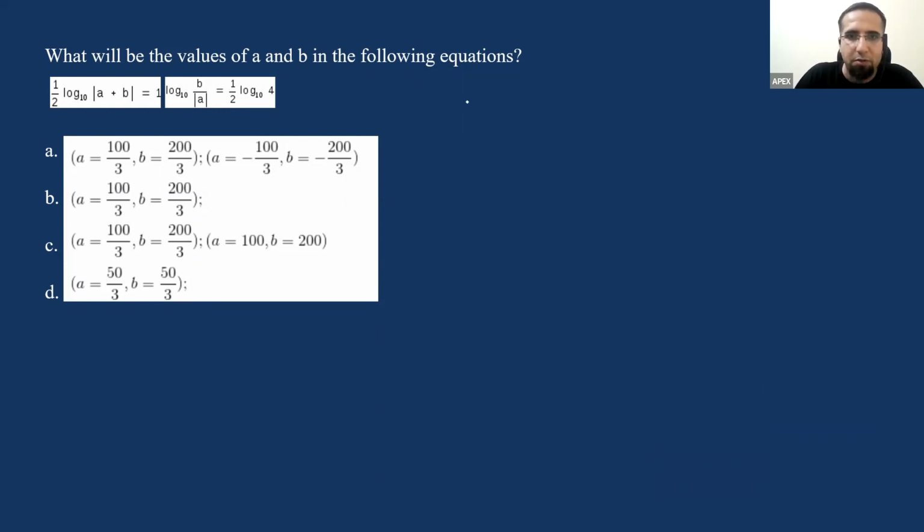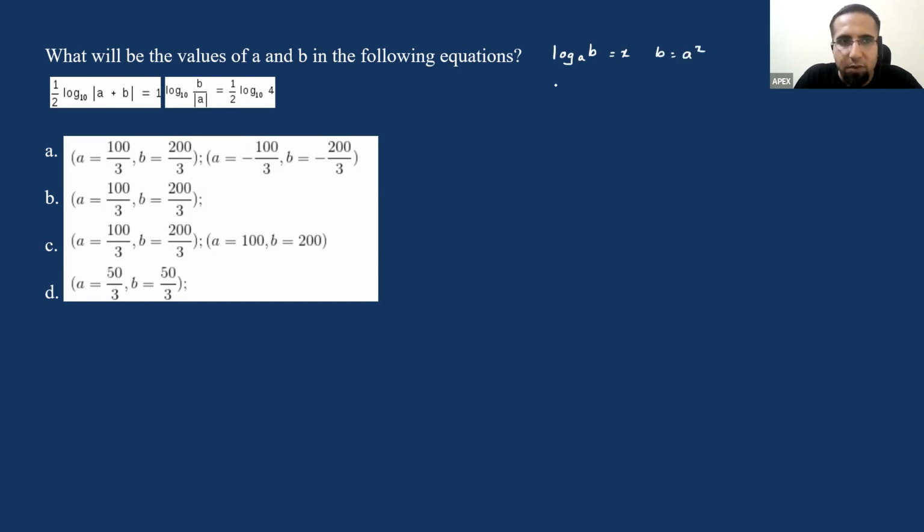The concept is quite simple here, that we are talking about log. The first basic concept I'm talking about is: log b to the base a is equal to x, then we write b is equal to a to the power x.